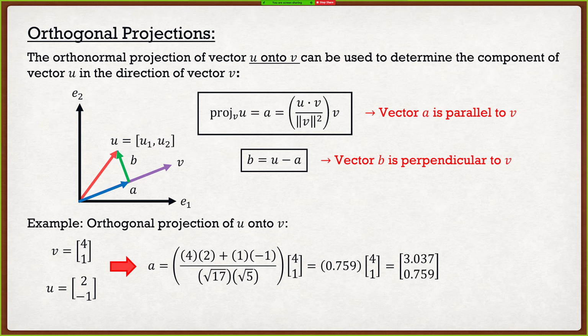One of the things I want to ask you guys here is, does the order matter? Is the projection of U onto V the same as the projection of V onto U? What do you guys think? All right, I hear a no. Any other takers with the no?